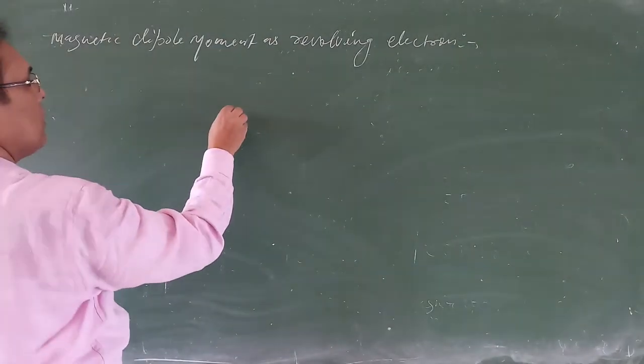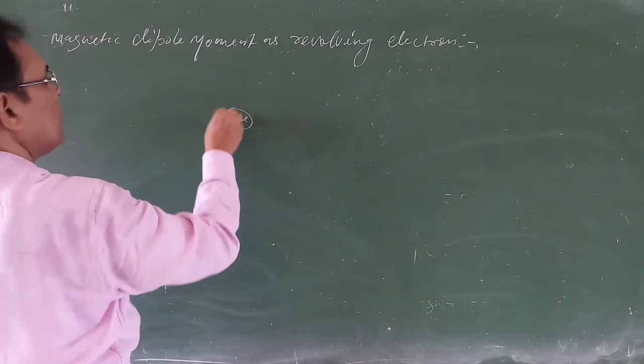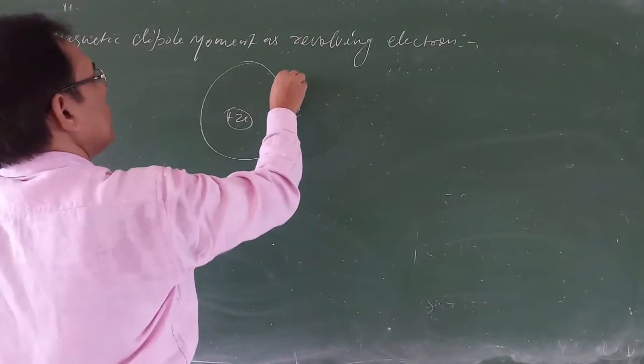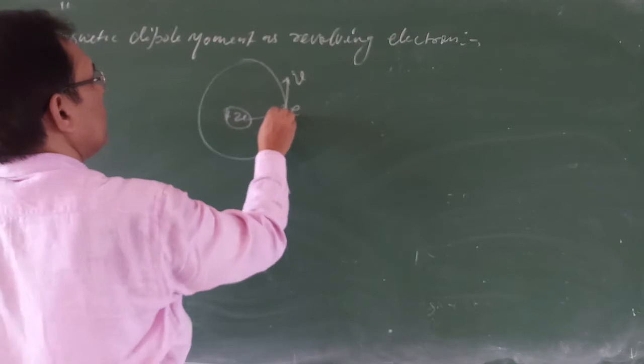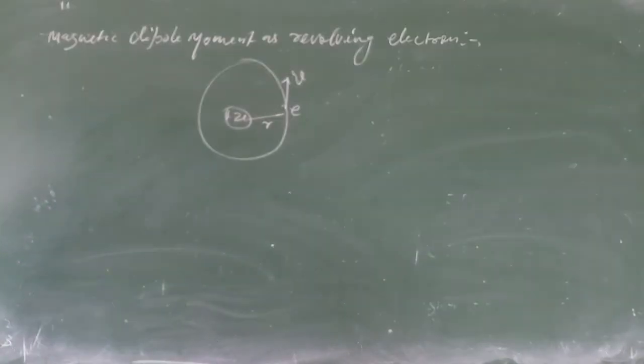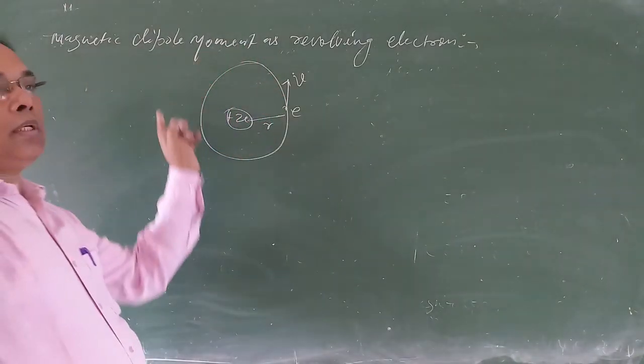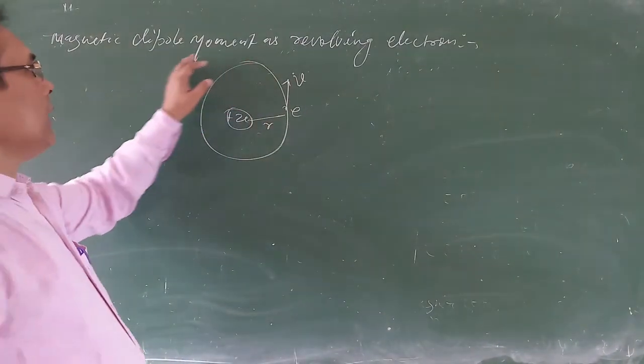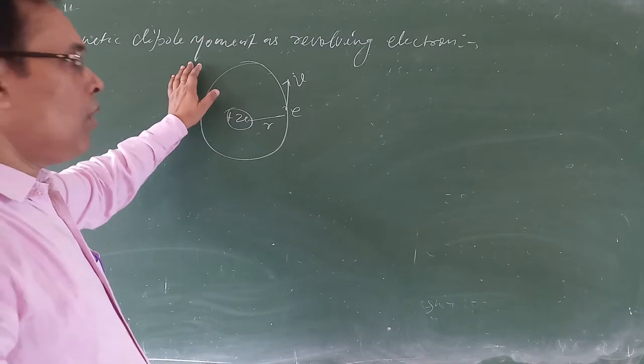Suppose this is the nucleus, plus Z is the charge on the nucleus, and the electron is revolving in an orbit with velocity v in radius r. So when the electron revolves in the circular orbit, then it behaves like a magnetic dipole moment.